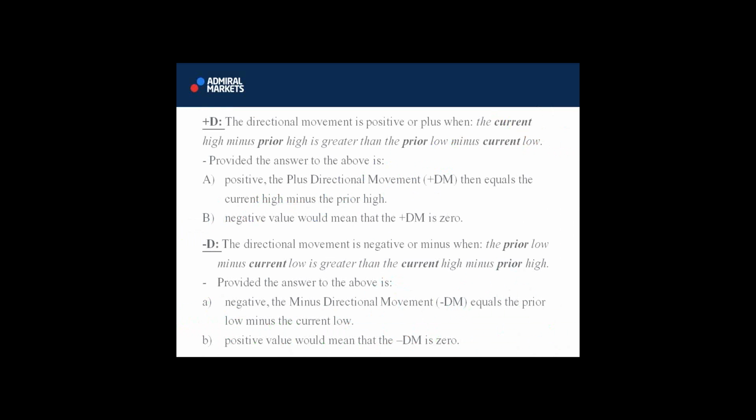If there's more distance between the bottoms in an uptrend, then there's a weakening of that momentum. So that's what it does. All right, so minus D is the opposite. Same story, but just the opposite, okay?